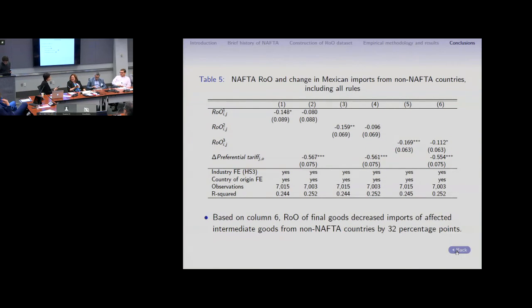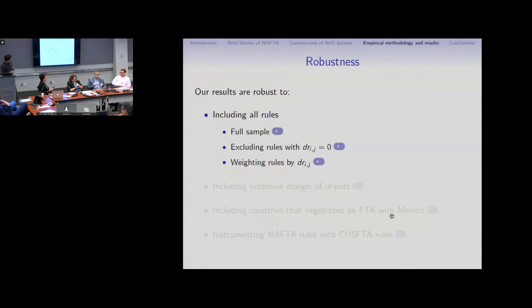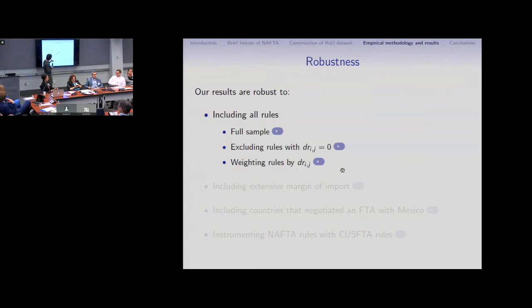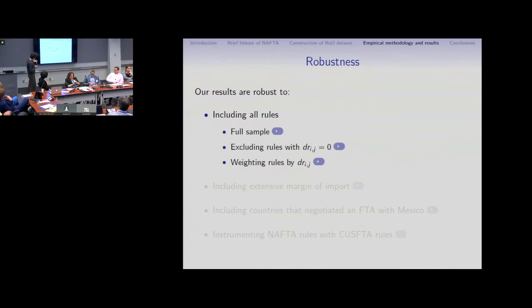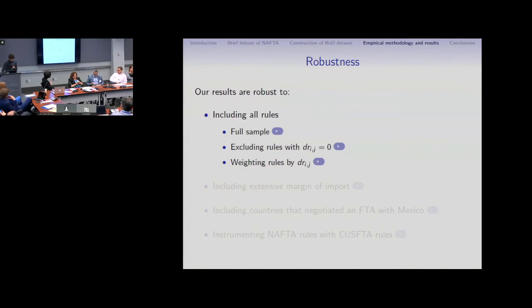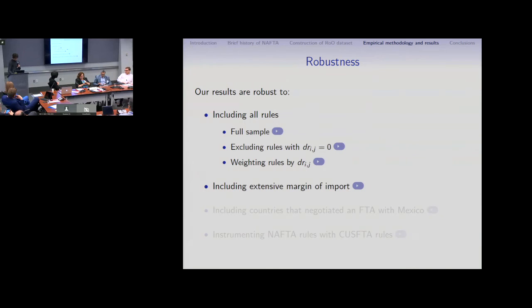This is also the case when using the input-output table, using all possible combinations that the input-output table gives us, and excluding goods for which the coefficient is zero in the input-output table, and also weighting, instead of dropping them, by the importance of the coefficient of the input-output.